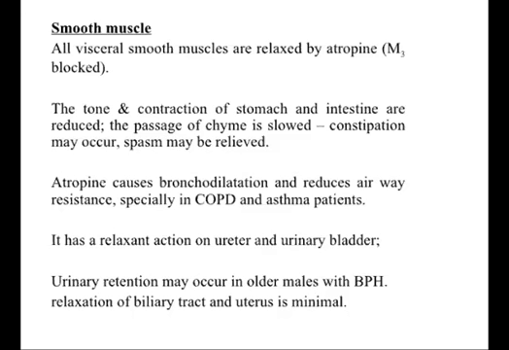So imagine that when atropine is taken, it causes a decrease in the peristaltic movement of the intestine and the stomach, causing an accumulation of food and chyme inside our digestive tract, decreasing the excitation of the intestine, causing constipation, and a spasm that may be relieved.